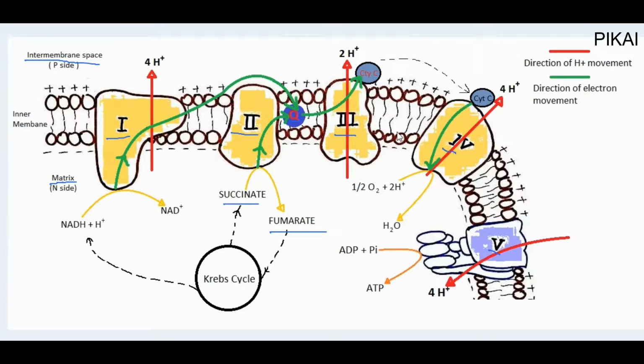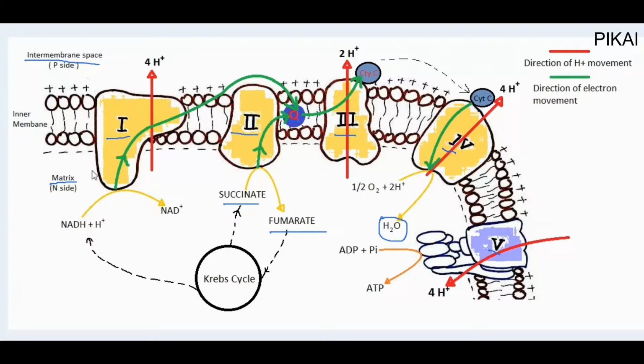So these electrons from complex 3 are transferred to complex 4 via the mobile electron carrier, cytochrome C. After reaching complex 4, these electrons are used to form one molecule of H2O.